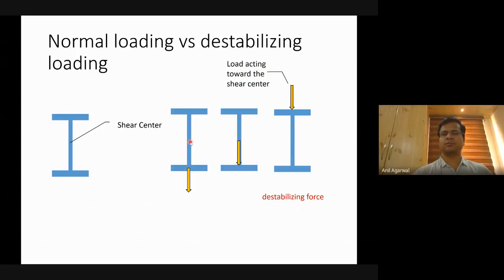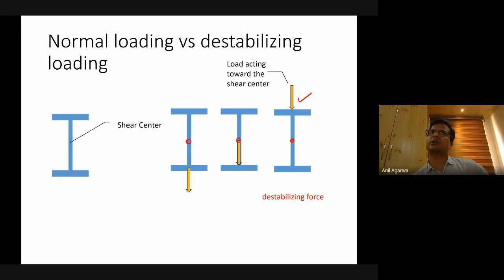The shear center of this beam would be here, right? So if the load is acting away from the shear center, then it is the normal condition. But if the load is acting, like in the third case, towards the shear center, then it is a destabilizing case.